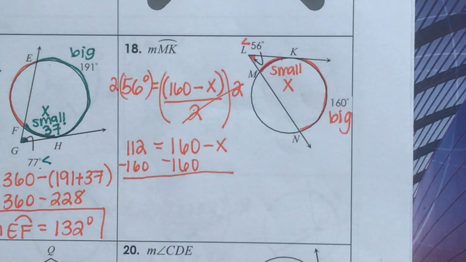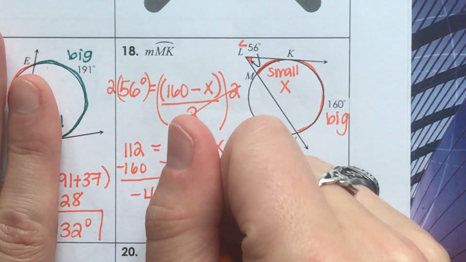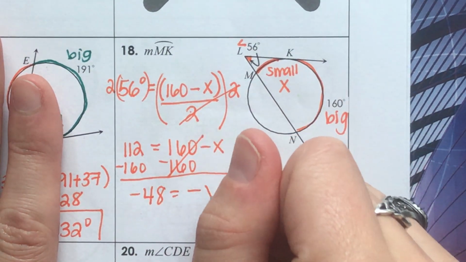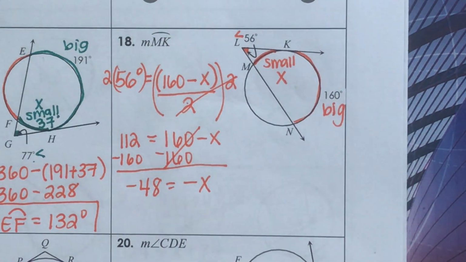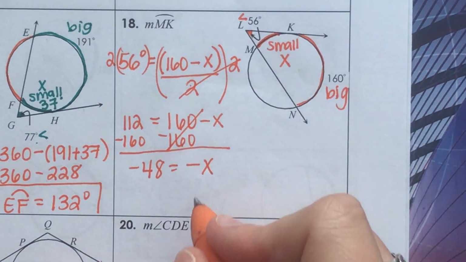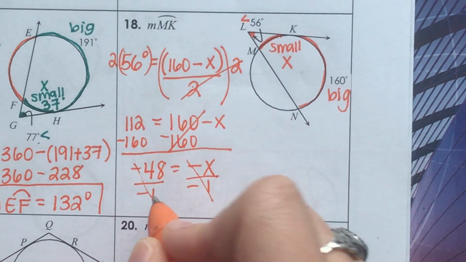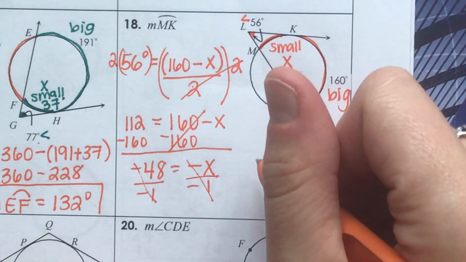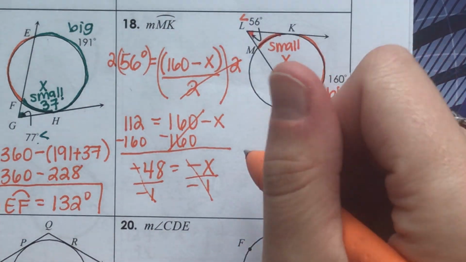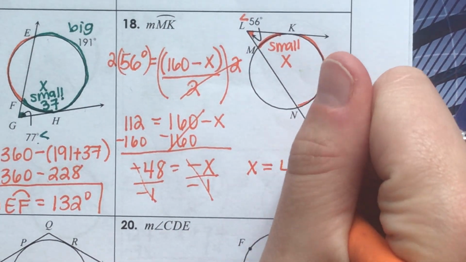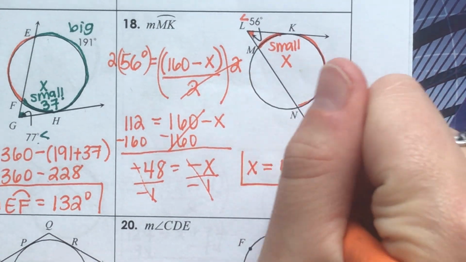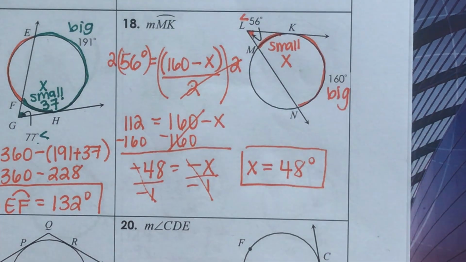So I get a negative 48 equals negative x. And to get rid of the negative sign, because the x isn't by itself right now, I have to divide both sides by a negative 1. My final answer is x, or the measure of MK, whatever you want to call it, equals 48 degrees.